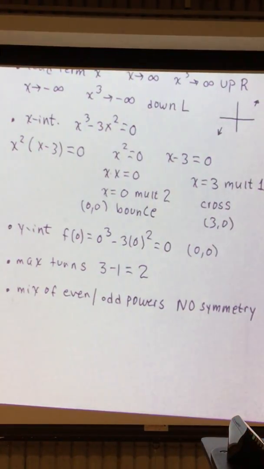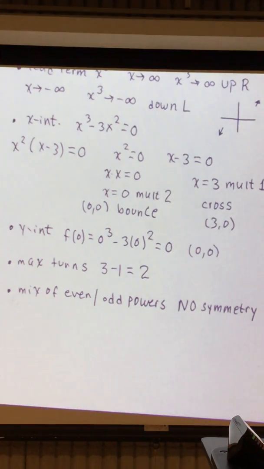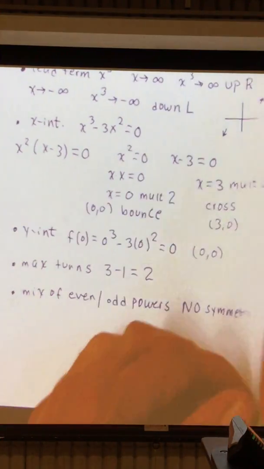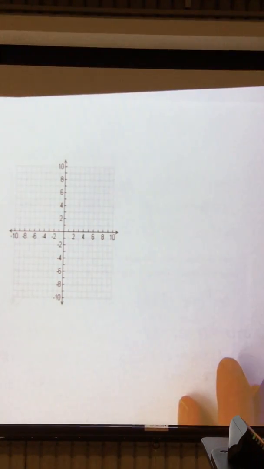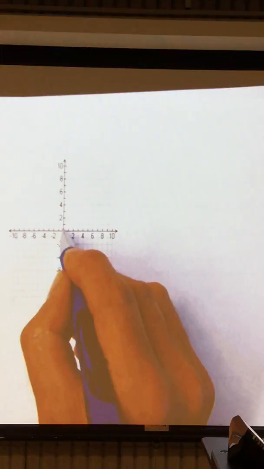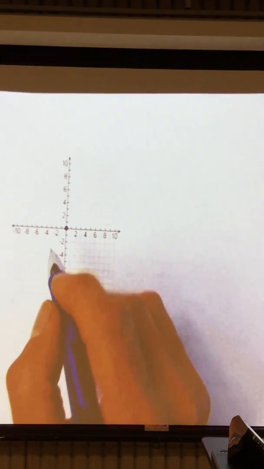Let's transfer this information onto a coordinate system and see where it brings us. Coordinate system, so we have the origin as an x and y intercept. It will bounce off that point.